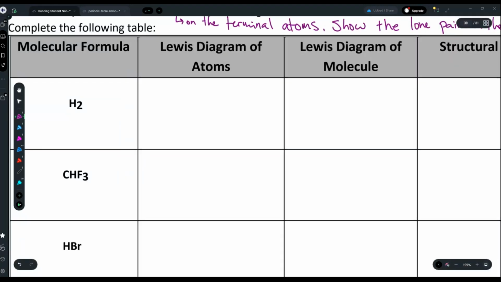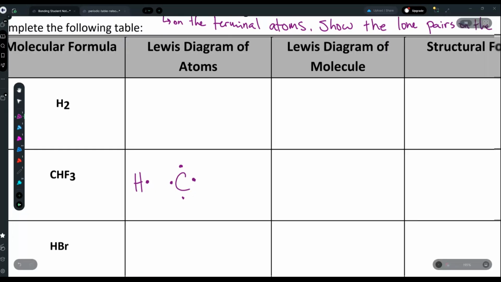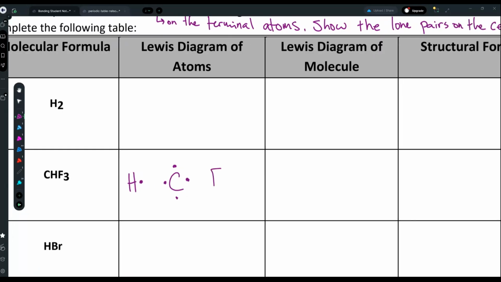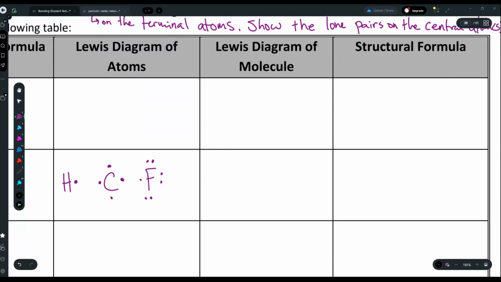With hydrogen, it's in group 1, so there's only one electron. With carbon, it's in group 14, so 4 valence electrons. And then fluorine, I know there's 3 of them, but because of the limited space here, I'm going to draw just one of them because you'll get the idea. Fluorine's in group 17, so it has 7 valence electrons.